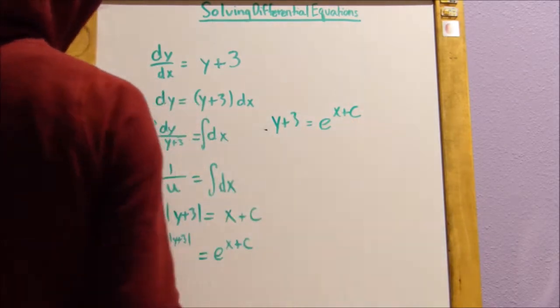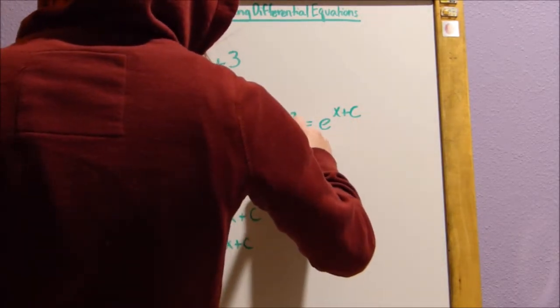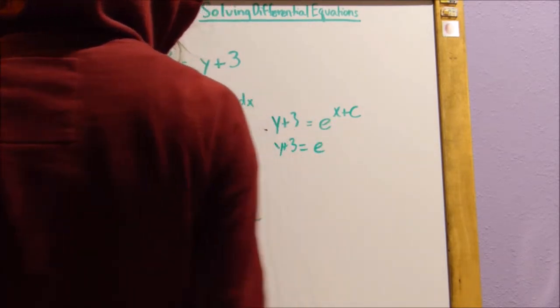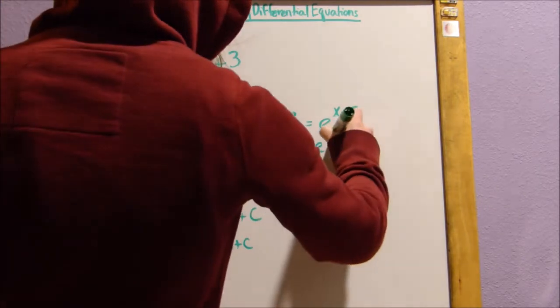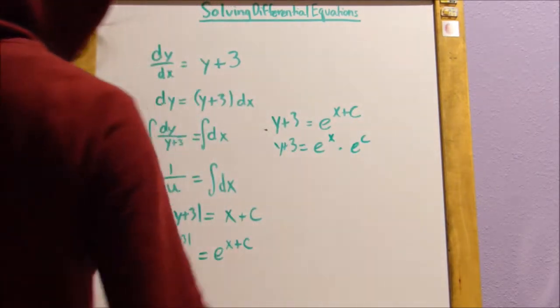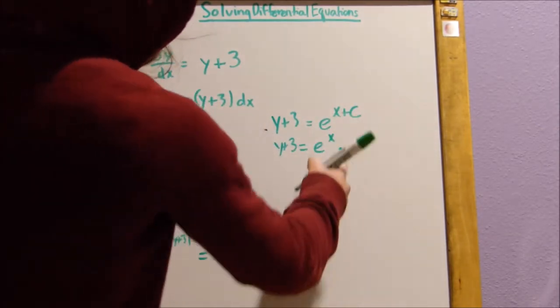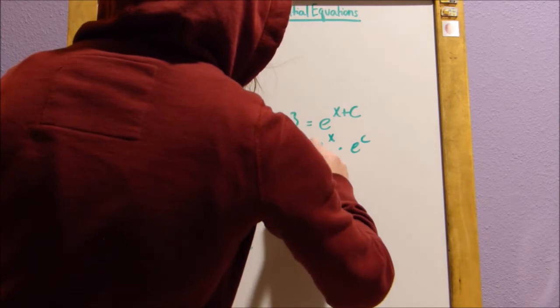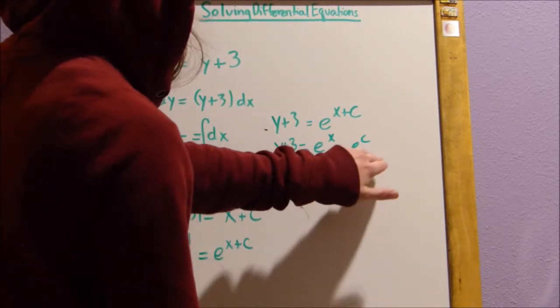Now, you see this plus c, we don't really like that plus c, so what we're going to do is we're going to use the exponents rule that you can just do this. This is the same thing as this. You can just move it from these two. And this e to the c, we're just going to call that c, because this is still just going to be a constant.